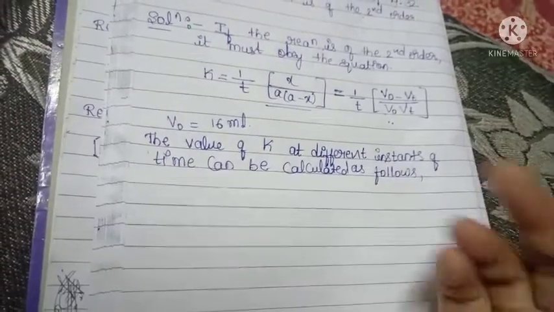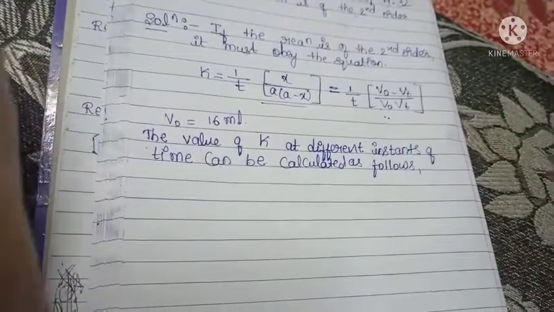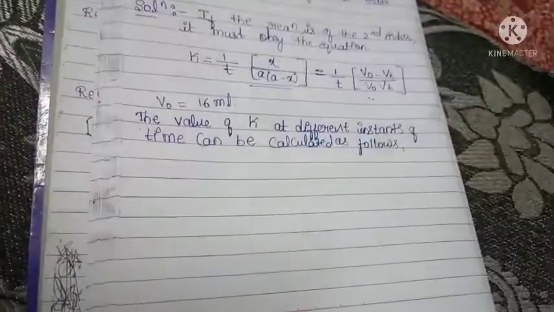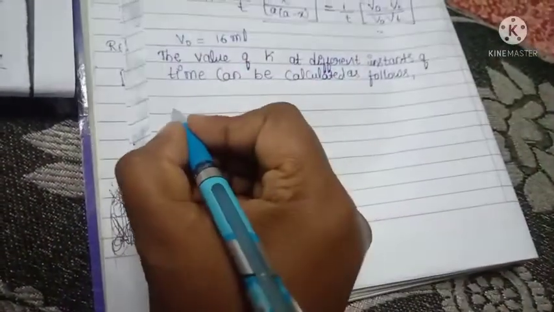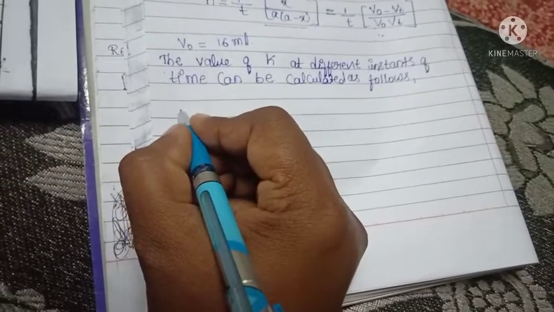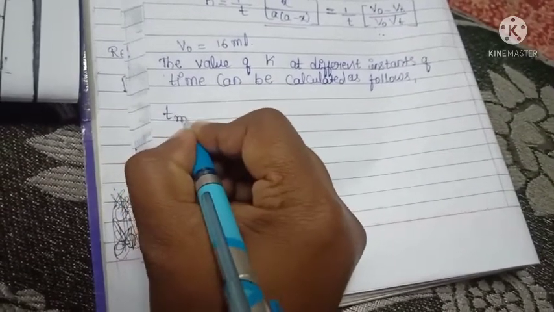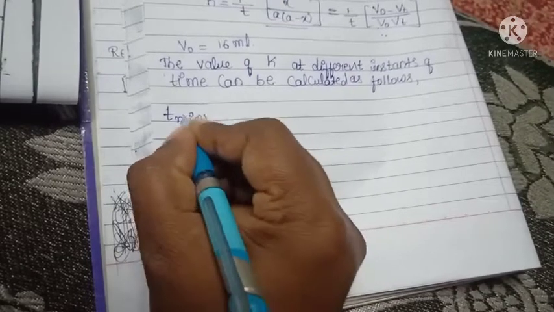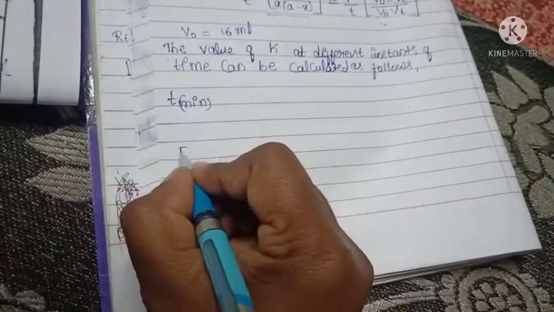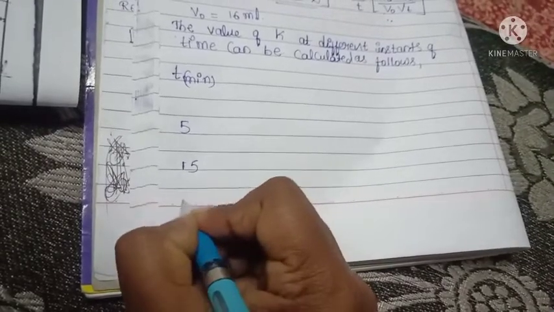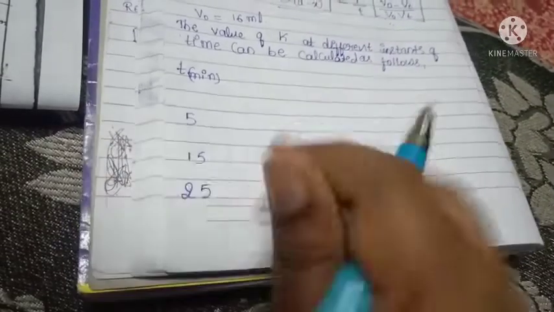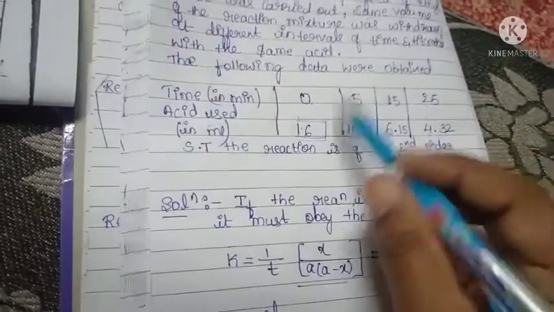Okay, that means at different times we have to calculate the values of K. So you have to write a column at t in minutes, that is 5, 15, 25. Okay, whichever times are given, you have to observe 5, 15, 25.